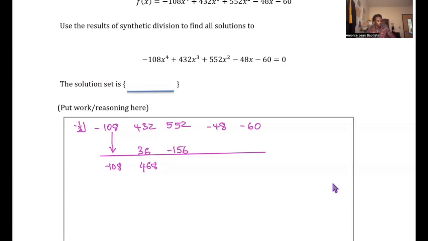Now, negative 156 plus 552 is positive 396.